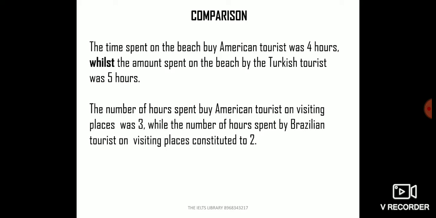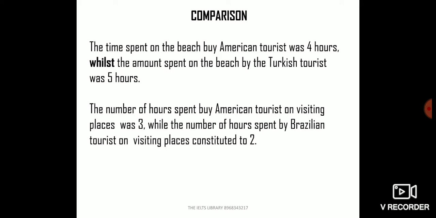As you can see, the statement is: the time spent on the beach by American tourist was 4 hours, whilst the amount spent on the beach by Turkish tourist was 5 hours. Very simply, I've just written the values. I've just said that these people spend this many hours on a certain thing.